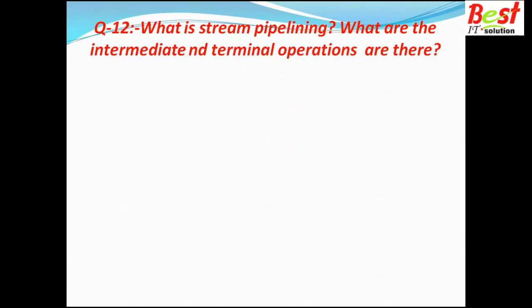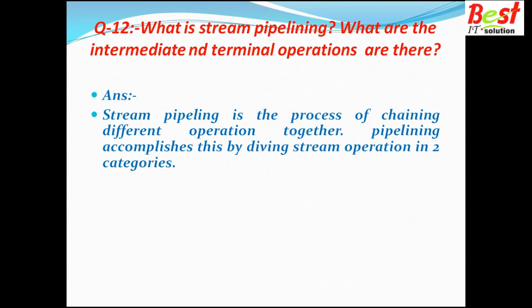What is stream pipelining? What are the intermediate and terminal operations? Stream pipelining is the process of chaining different operations together.